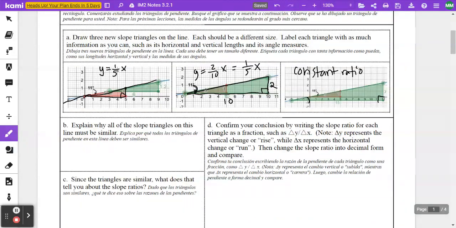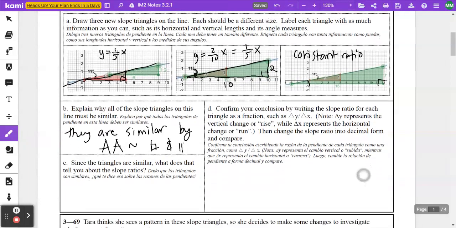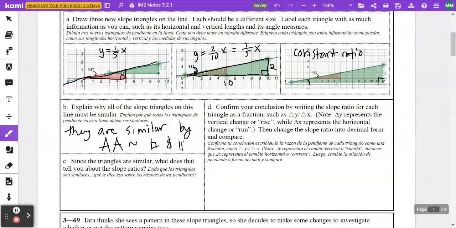These triangles are similar by angle similarity. They share a 90-degree angle and an 11-degree angle. And since the triangles are all similar, the slope ratios are proportional.